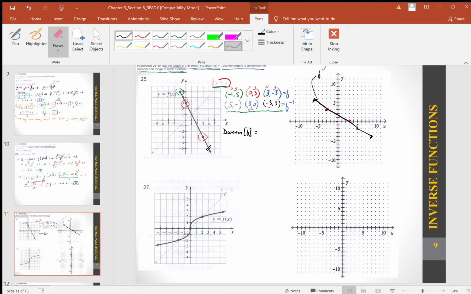It's going to be an input, and that's going to be what? Since these are closed circles, it's going to be -1. And by us having this arrow down here means it goes on forever, and that's going to be positive infinity.